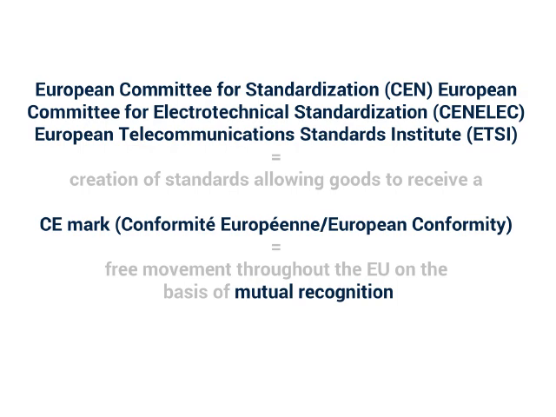The role of these organisations is to draw up harmonised rules as regards technical standards for the manufacture of goods. Once adopted by directive, these rules are harmonised throughout the EU, and goods manufactured according to these rules receive a CE mark, Conformité Européenne, that allows them to move freely throughout the EU on the basis of mutual recognition.